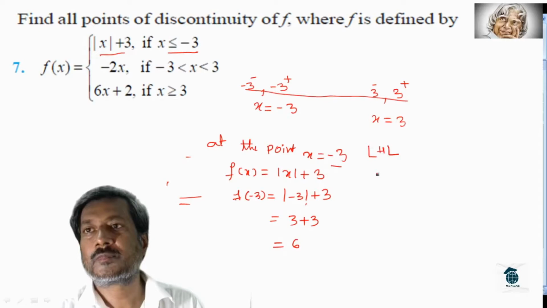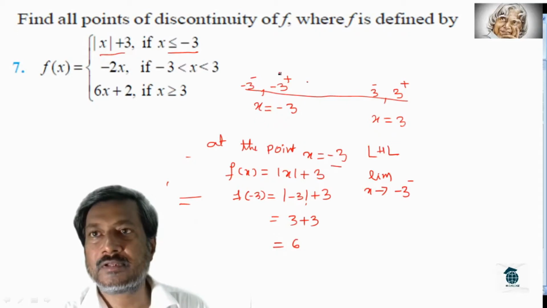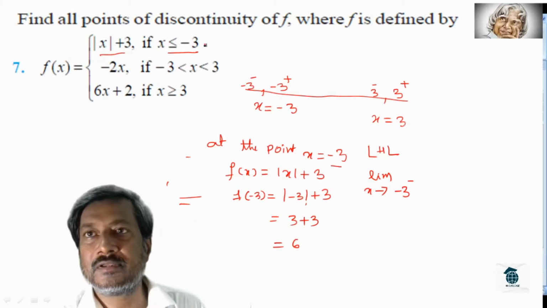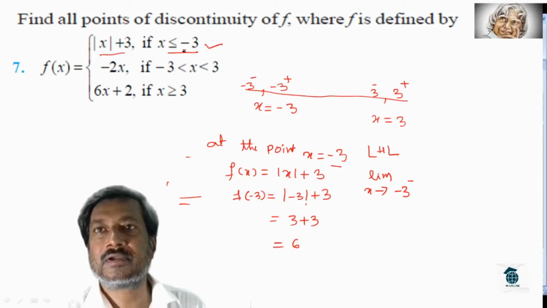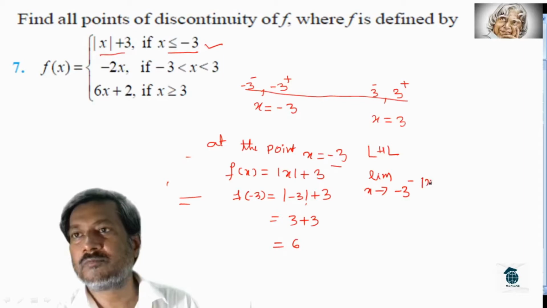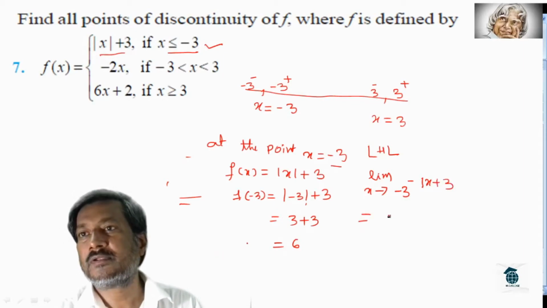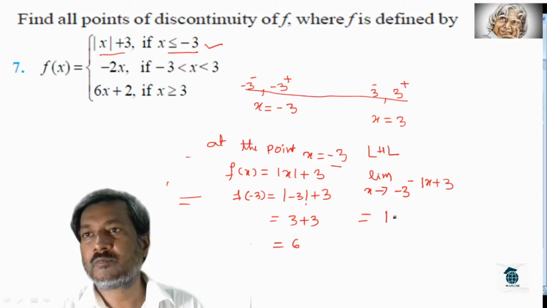So here, limit x tends to minus 3 minus, that is less than minus 3. Less than minus 3 is here, so again you have to consider modulus of x plus 3. Now substitute the point: modulus of minus 3 plus 3, again this value is 6.